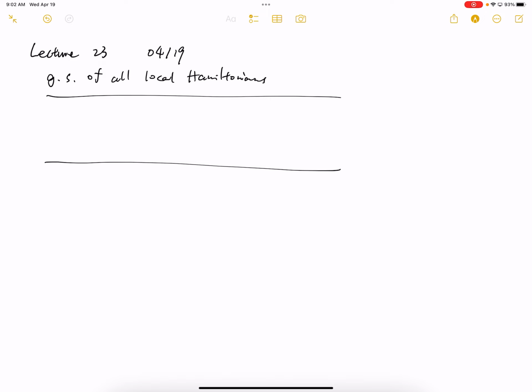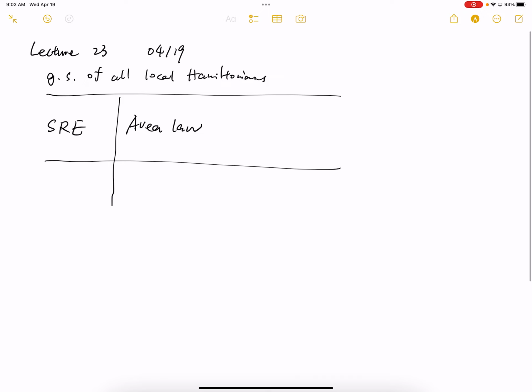We can classify them into the short-range entangled states.